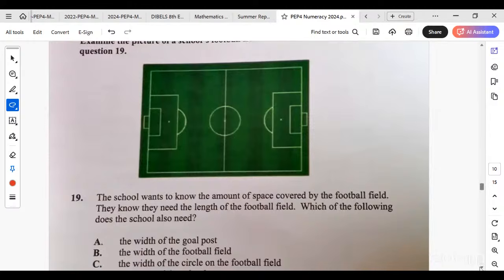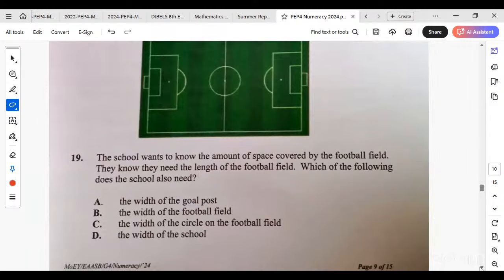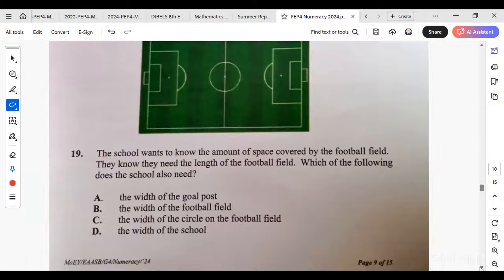They already have the length. What else is needed? The formula for finding area is length times width. So they would also need to know the width of the football field. So the answer for 19 is B. Length times width gives us area. That's what we need to find out the amount of space covered by the football field.